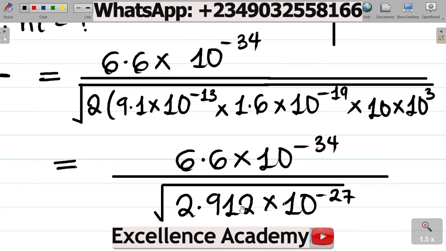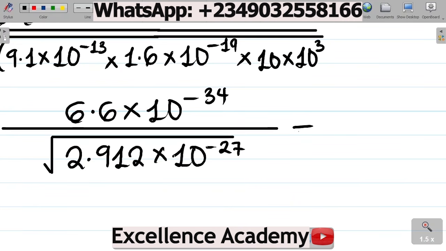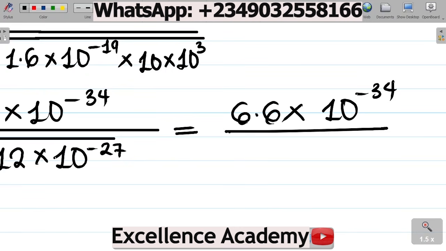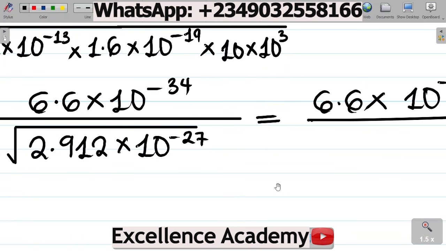So we have this. Numerator still remains 6.6 times 10 to power minus 34, all over. Let's take the square root of 2.912 times 10 to power minus 27.